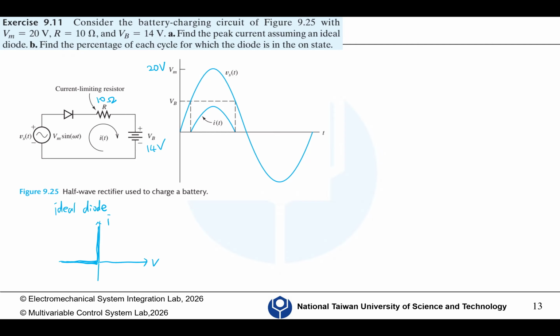Let's look at this circuit diagram. This is an ideal diode, and when there's a positive voltage, it is forward biased. However, this positive voltage needs to overcome this positive 14 volts.